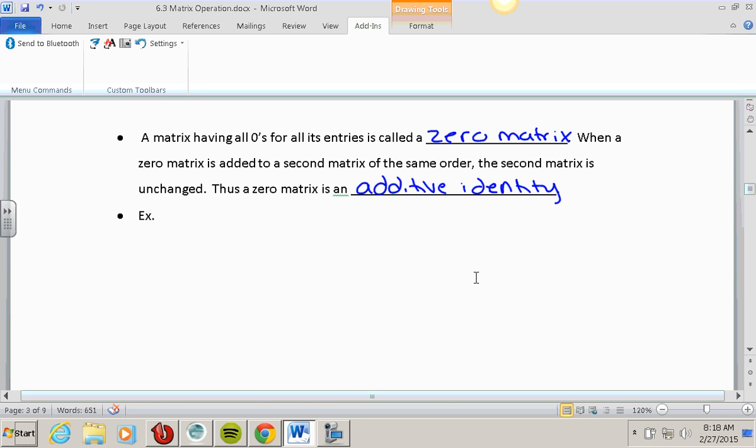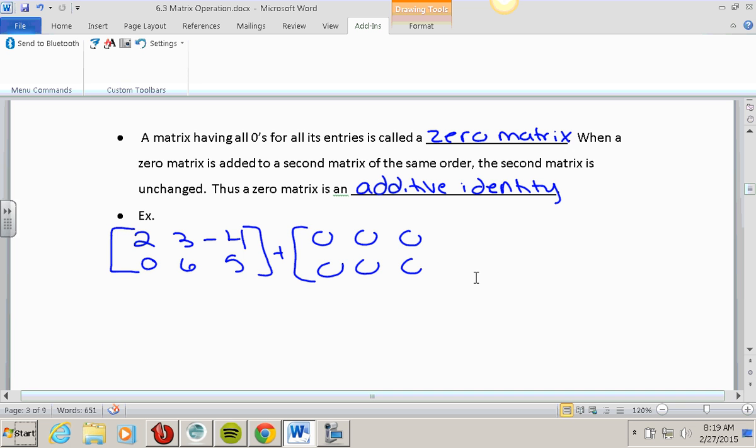So, for example, if I have the 2 by 3 matrix, 2, 3, negative 4, 0, 6, 5, and I add to it the zero matrix, you're going to get your original matrix back, right? It's unchanged because we added the additive identity to it. Okay?